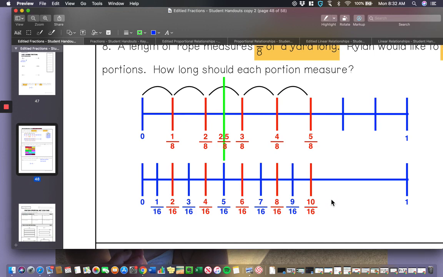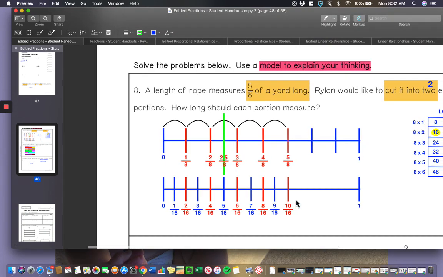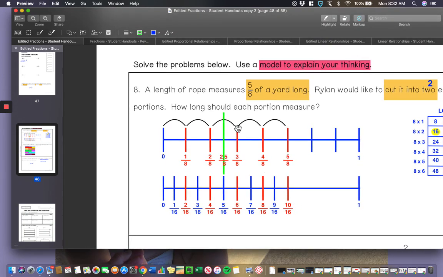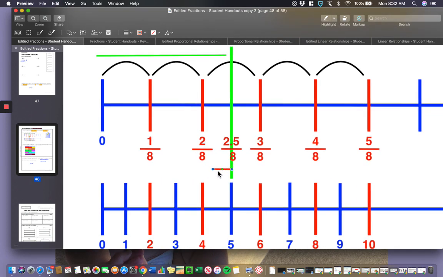Now, another way you can look at this is if I want half of this rope, because I want to cut it into 2 equal parts. So I have two equal parts right here. I'll draw that with these lines real quick. I've got one equal part right here, and I have the second equal part on the other side.